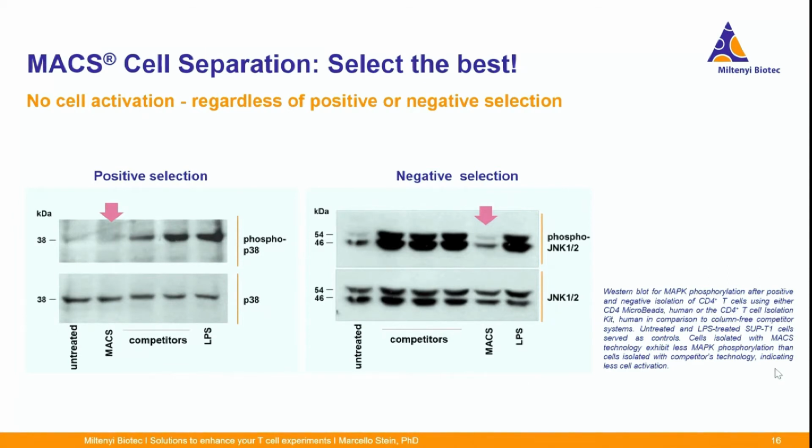Again, it can be clearly seen that cells isolated with MACS technology yield a much lower phospho-JNK 1 and 2 expression than the cells isolated with the competitor technology. Both Western blots clearly show that cell separation with MACS technology is the most gentle and does not activate T cells, regardless of positive or negative selection.